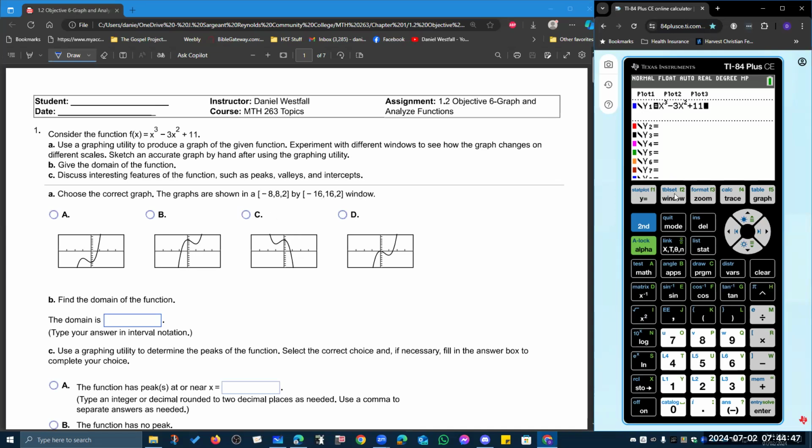We're going to graph it in the window of -8 to 8 with an x scale of 2 and -16 to 16 with a y scale of 2. These other numbers don't matter. So that's going to look like B.